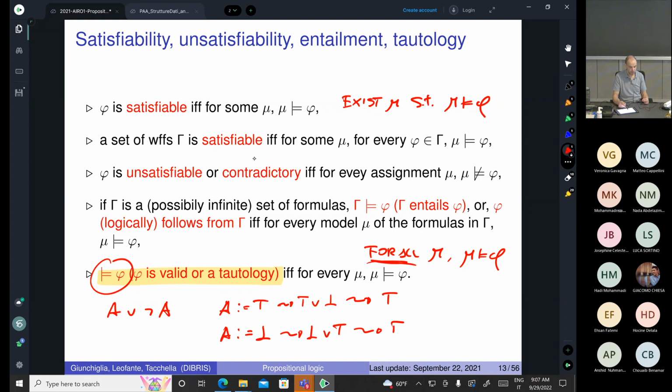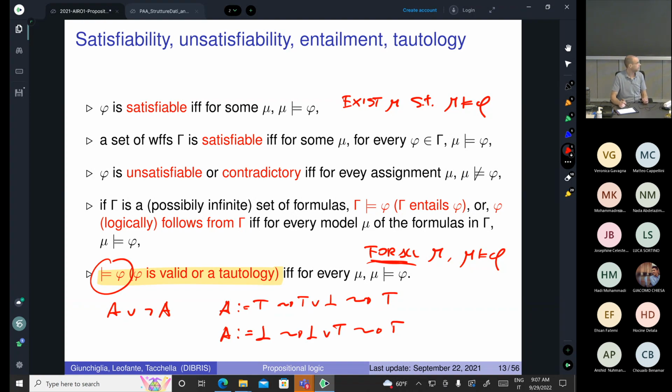We can extend the notion of satisfiability to sets of formulas, but then you must find an assignment that works for all of them. So there is a model for all the formulas. A formula is unsatisfiable if you cannot find an assignment for it.